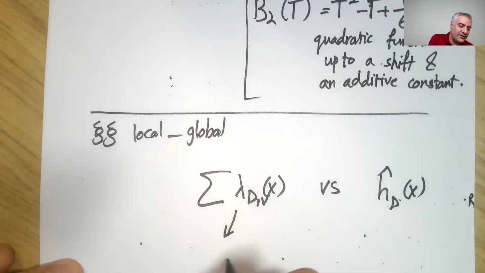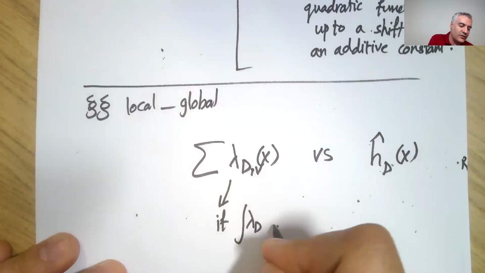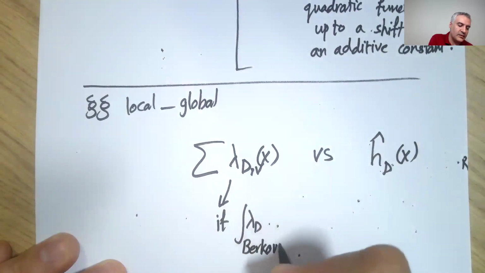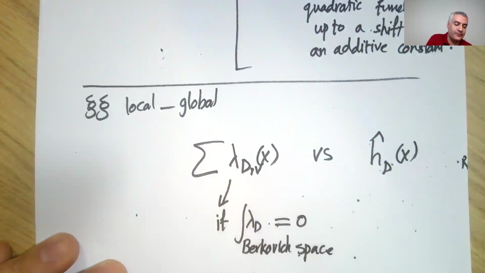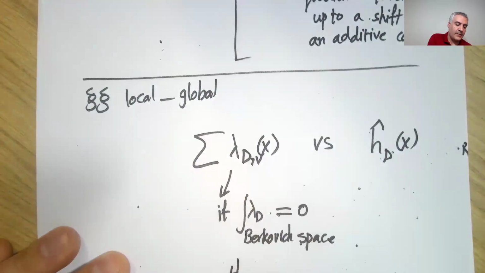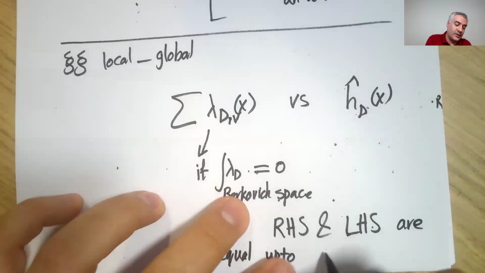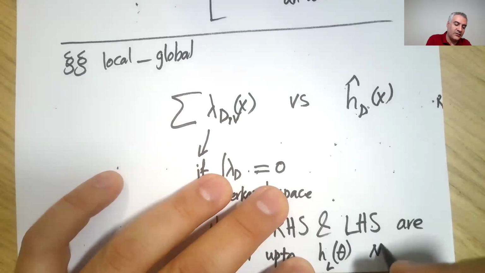If we insist that the integral of lambda d over Berkovich space is 0, that's a way to fix our constant, then the right-hand side and left-hand side are equal up to some concrete term that we call the Néron-Tate height of theta.